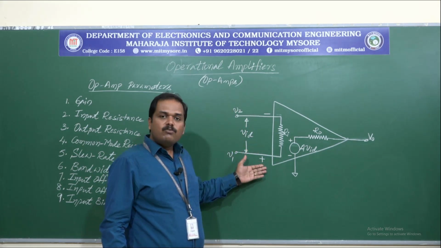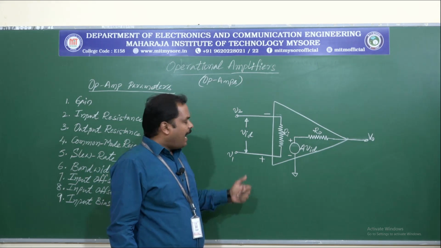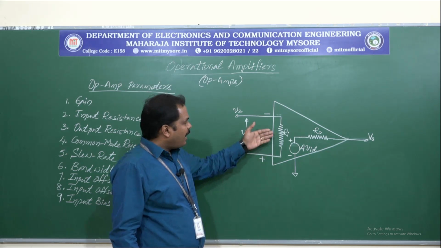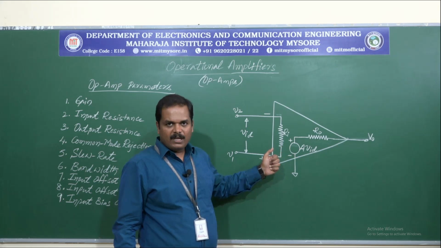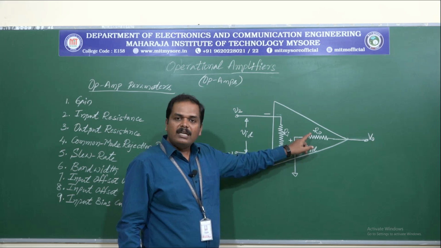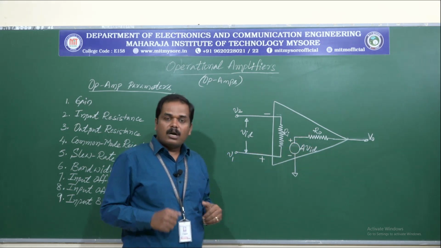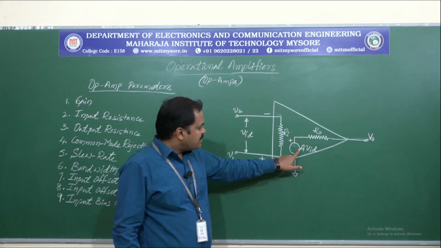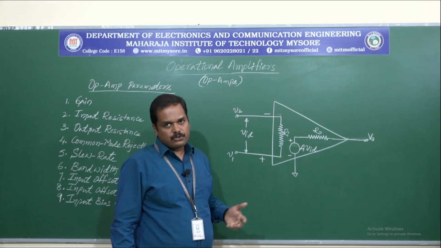This diagram shows the equivalent circuit for the op-amp, and this involves the important parameters like Ri, R0, V0 and A, where Ri is the input resistance and R0 is the output resistance. R0 is also called Thevenin's equivalent resistance, and A into VID is the Thevenin's voltage source.